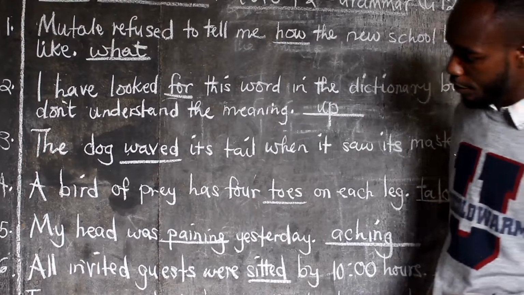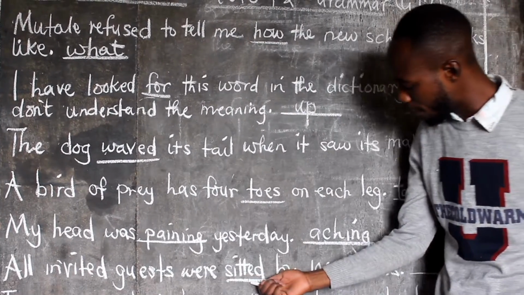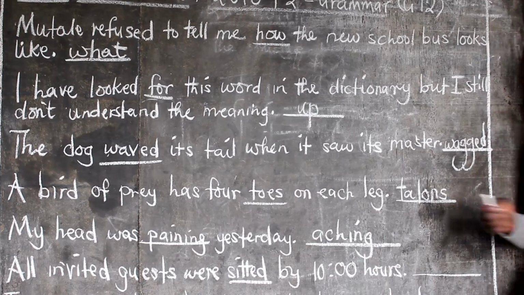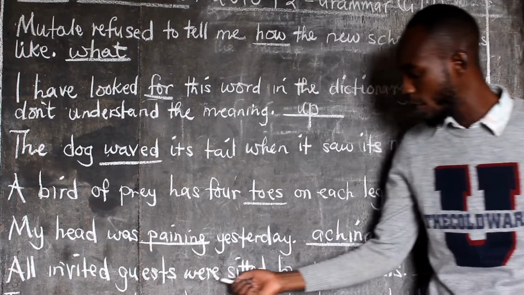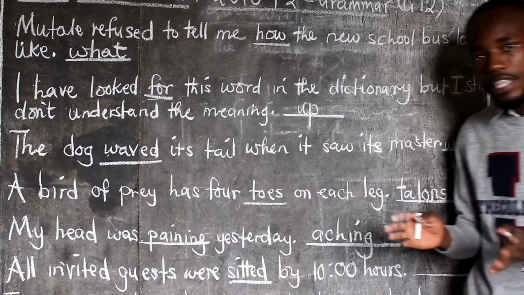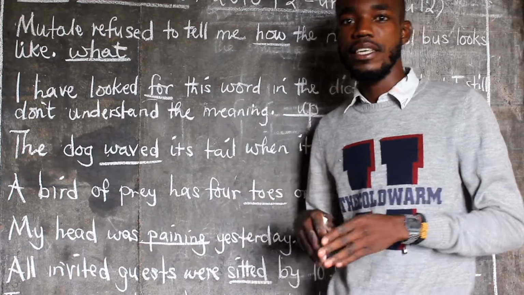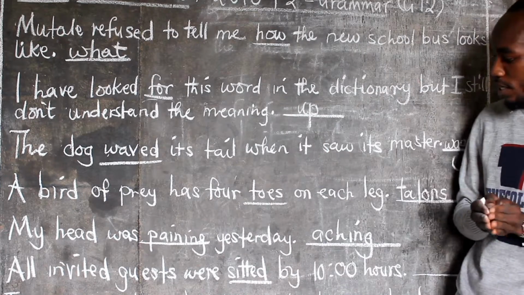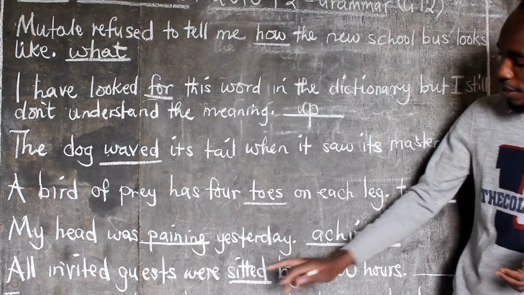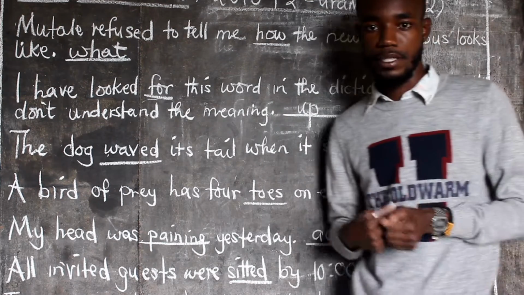Number 6, I'll read. All invited guests were seated by 10 hours. Now, seated is the correct answer. I believe you are wondering. You have said seated is the correct answer, but why are we still saying that word is not correct? That word is not correct because it doesn't exist.